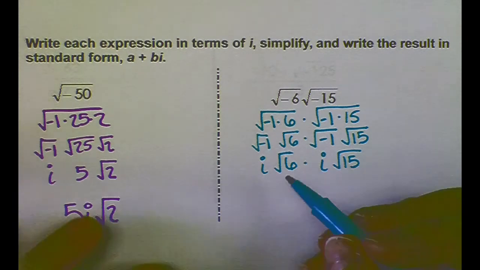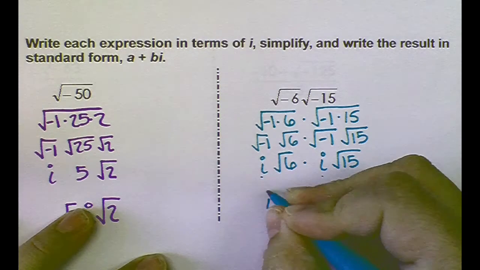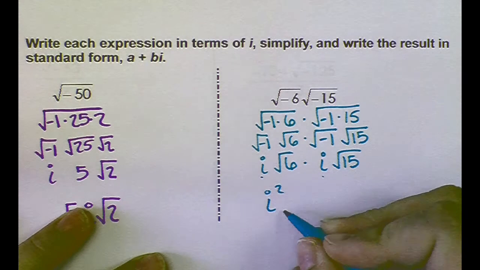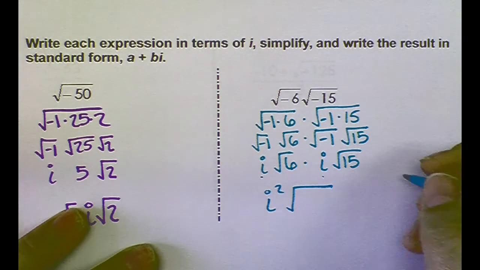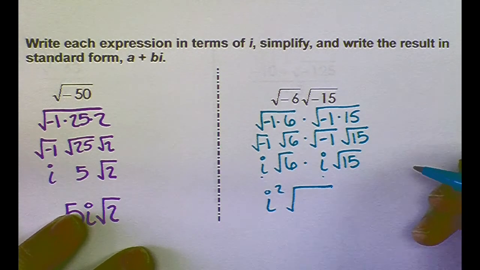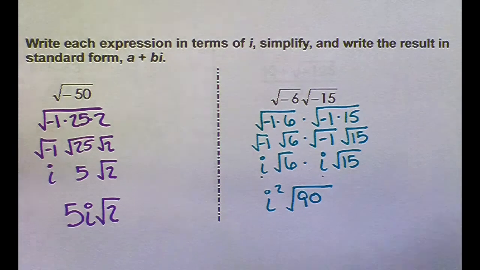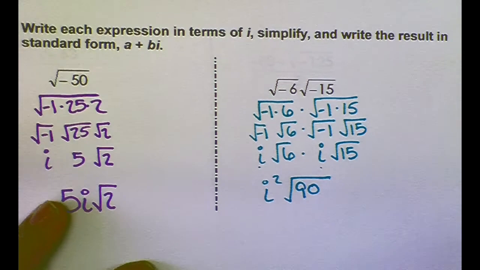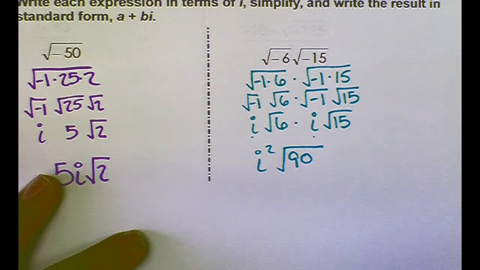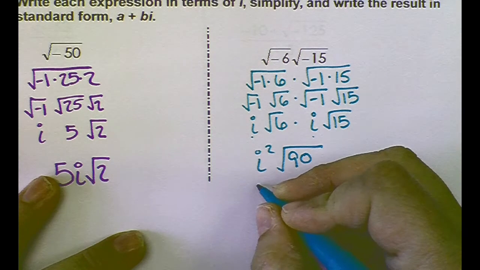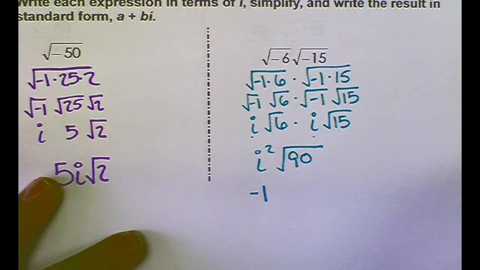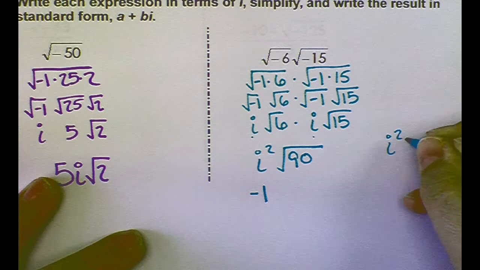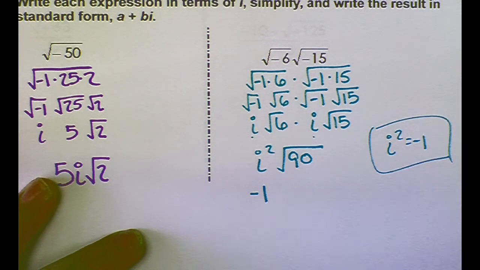15 is not a perfect square and doesn't have any perfect square factors. So now we multiply. i times i is i squared. The square root of 6 times the square root of 15, well, I can multiply those together. We get the square root of 90. Well, lucky for me, I know that i squared is -1. Big one there. i squared equals -1. Don't forget that.